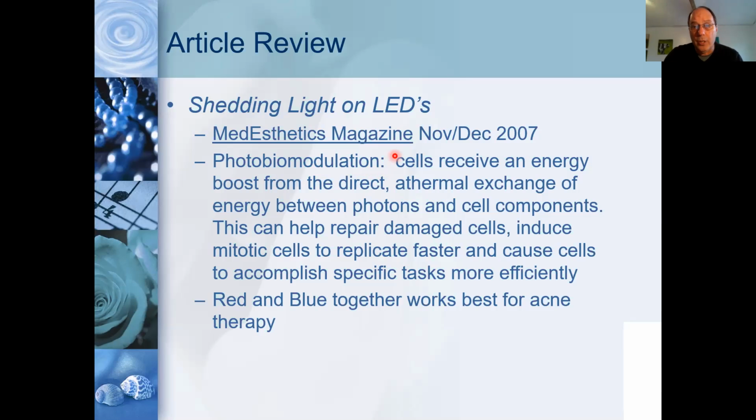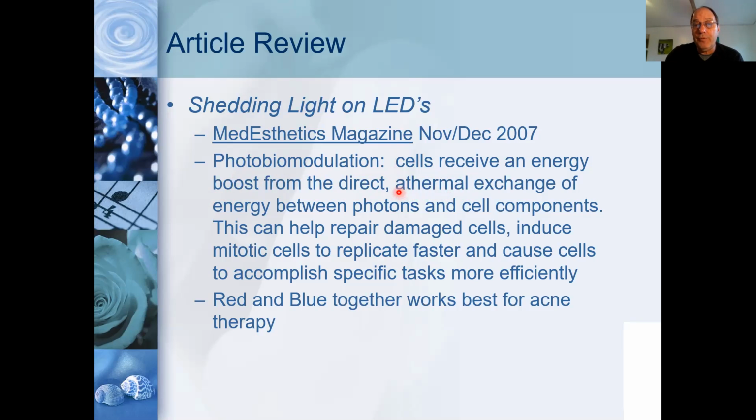So the abstract shows that the cells, which is living tissue, get an energy boost when you put the light directly on the tissue, and the energy exchange has no heat exchange. So there's no heat. In science, the letter A in front of a word means none.